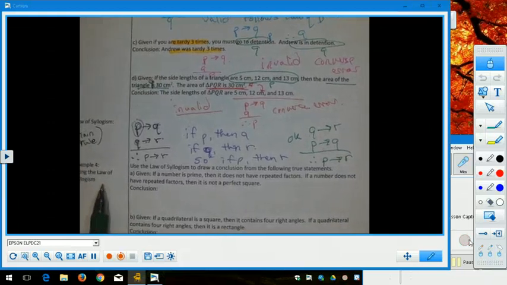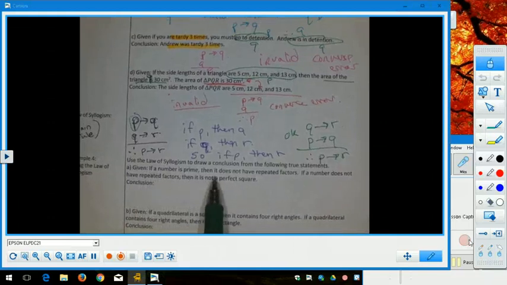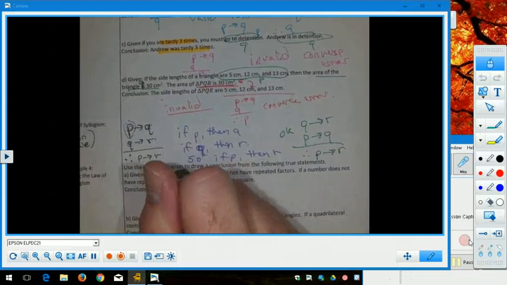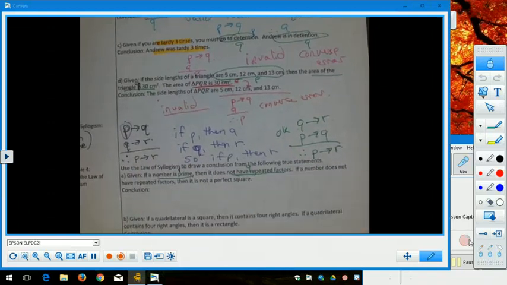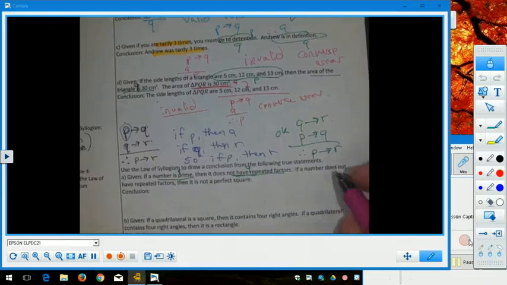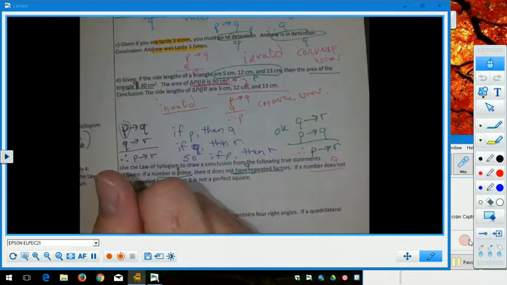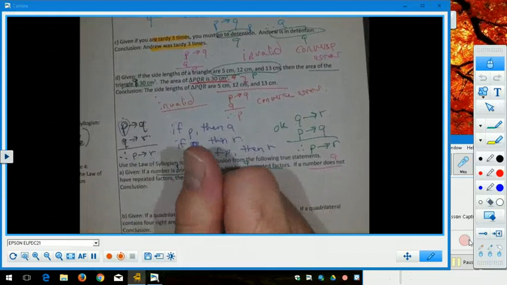Here are some examples of the law of syllogism. If a number is prime, then it does not have repeated factors. Okay, prime is P, not repeated factors is Q. If a number does not have repeated factors, that's Q, then it is not a perfect square.